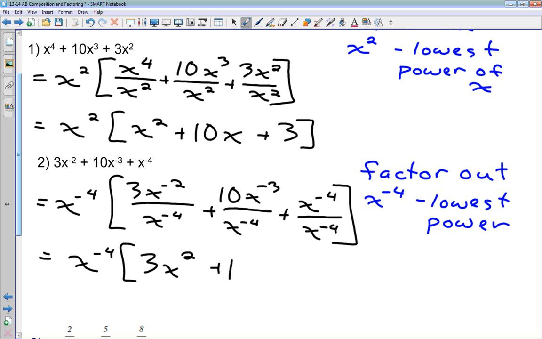Same thing with our next term. We're going to have a 10, and we do negative 3 minus negative 4, which gives us x to the positive 1. And once again, our last term cancels here. So again, we always want to factor out the lowest power of x that we see.